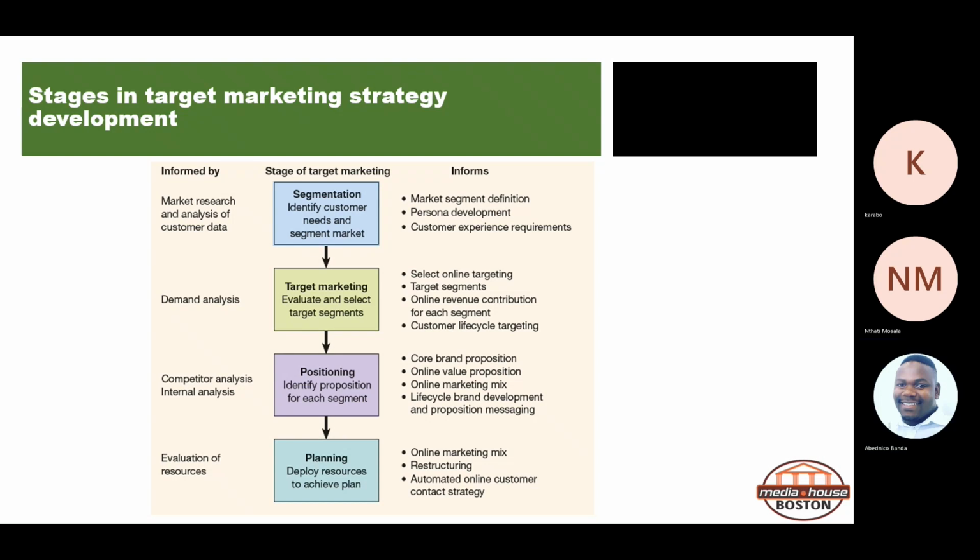Then at planning, the last stage of target marketing strategy development, they need to evaluate the resources that they have and come up with budgets. So how much are they going to spend on the online marketing mix, be it using advertising, be it using content creation on different digital platforms, social media platforms, or sometimes they can also be forced to restructure their ways of doing, coming up with e-commerce and having an automated online customer contact strategy.